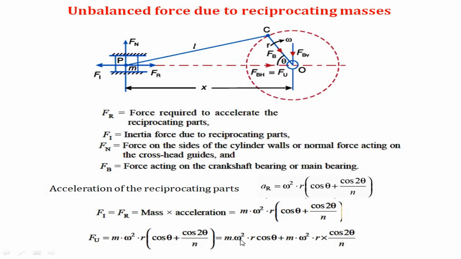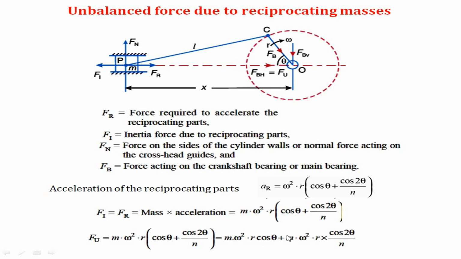If we compare these two equations, we'll find something over here. Instead of cos theta, we are having cos 2 theta by n. As the value of theta increases, the cos 2 theta value is going to decrease, as well as this term is also going to be divided by n, which is the ratio between length of connecting rod and crank radius, and which is always going to be higher than 1.